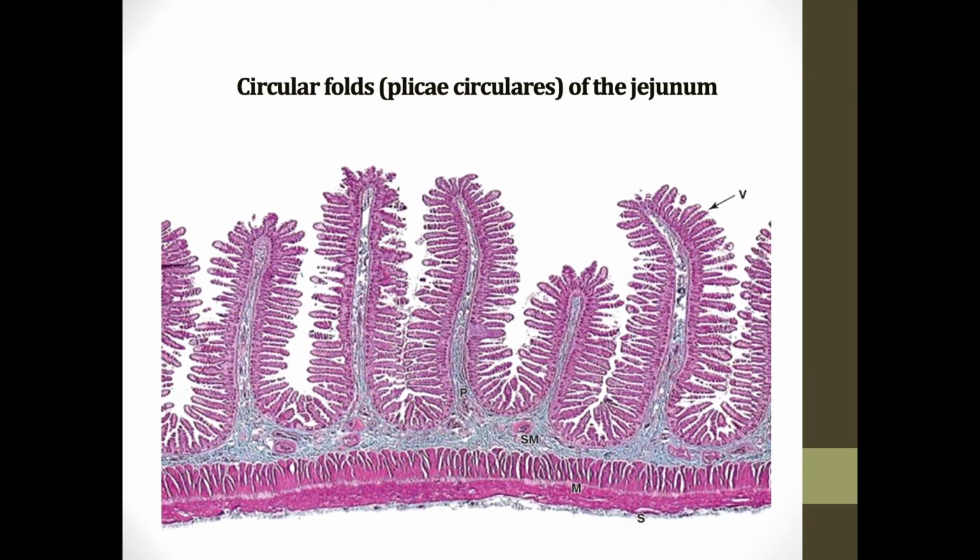So it's another part, the jejunum, and in the jejunum the circular folds and the villi are well developed. They are the circular folds of the mucosa.